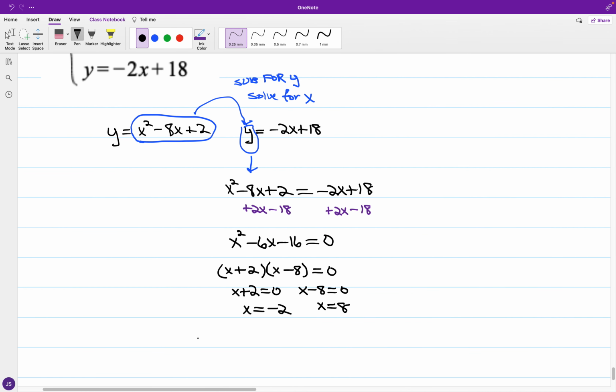Use this as a recommendation. What I mean by the simplest is the lowest degree equation.